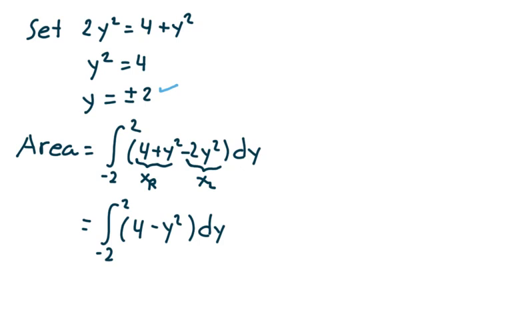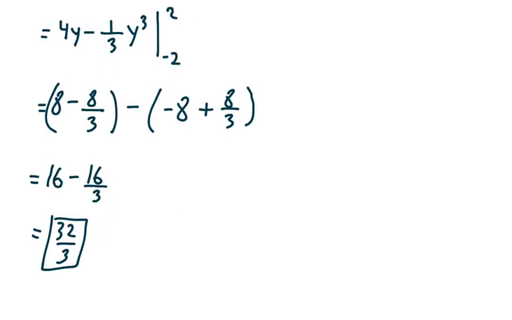So going further, we get 4y minus 1/3 y cubed, evaluated from negative 2 to 2. If I replace y with 2, I get 8 minus 8/3. Then I go minus, and then replace y with -2 and get -8 plus 8/3. And if I distribute the negative inside, I get 16 minus 16/3, which is equal to 32/3.